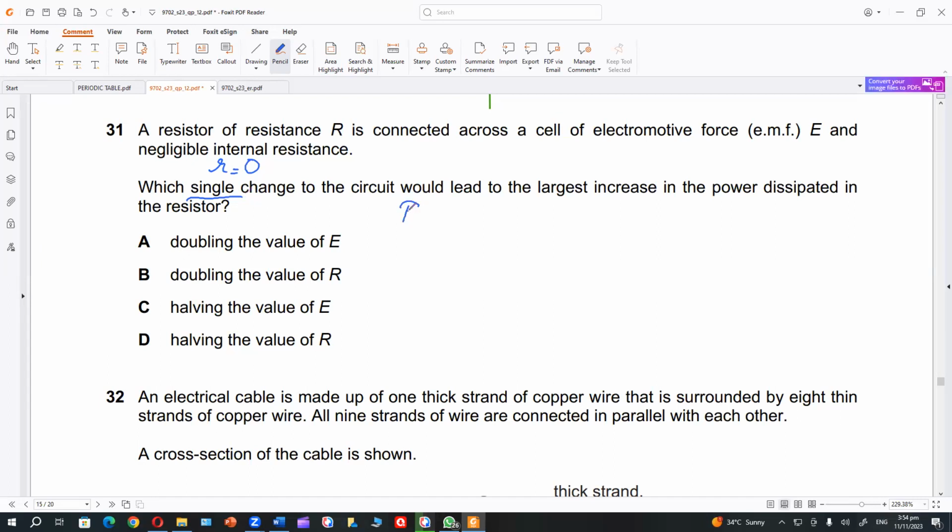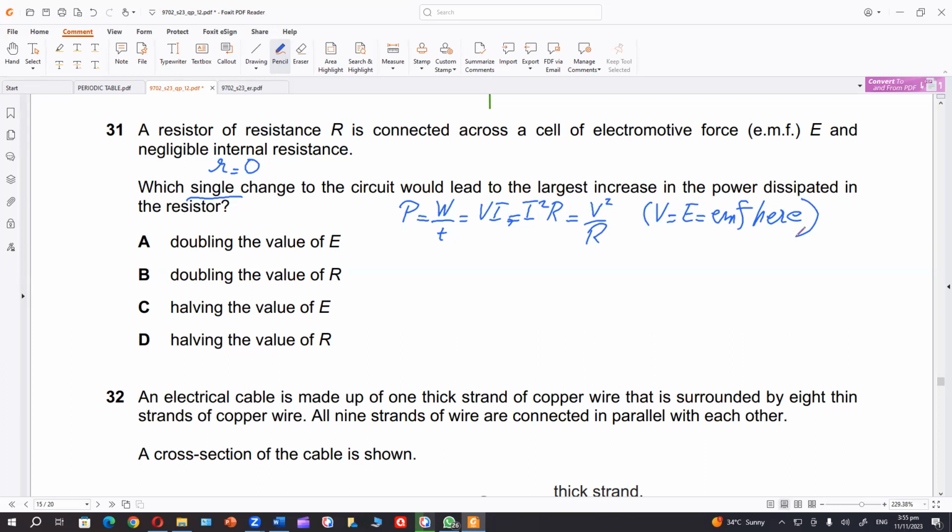Let's write down the formula. Here the voltage is EMF.